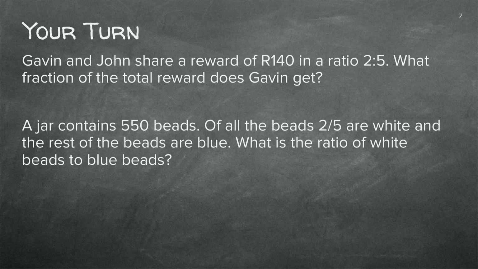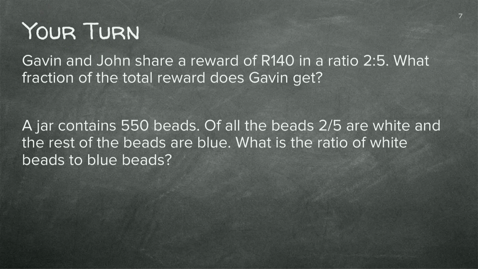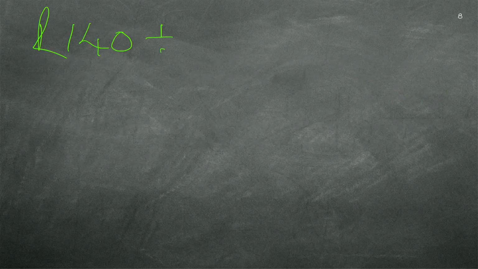Okay, let's see who's got the first one correct. Gavin and John share a reward of 140 Rand. So we've got 140 Rand, right? And remember, the ratio is 2 to 5. So that will give us 7 parts. Correct? So we're going to divide 140 by 7. And this is going to give us 1 part is 20 Rand.